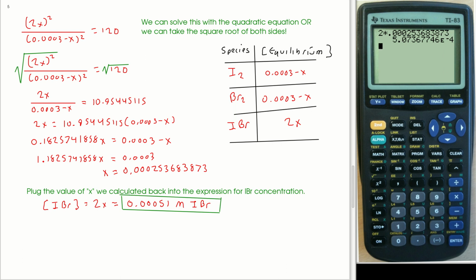Which kind of makes sense here because we expect the equilibrium to lay far to the right. We have a good bit more iodine monobromide than those other two are going to be. Those other two concentrations are going to be really low. So, the answer looks pretty good. And with that, that's the end of this particular problem solution. Thanks for watching.